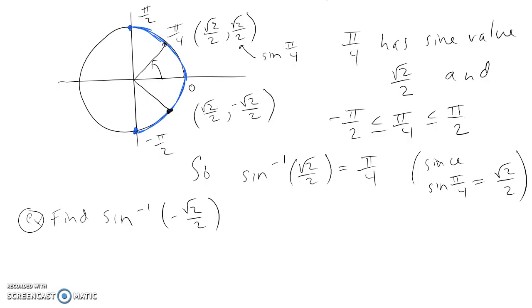So this angle must be the answer. It's 7 pi over 4. Well, you would be wrong. It's not 7 pi over 4.